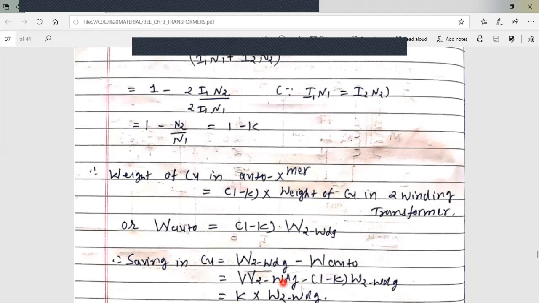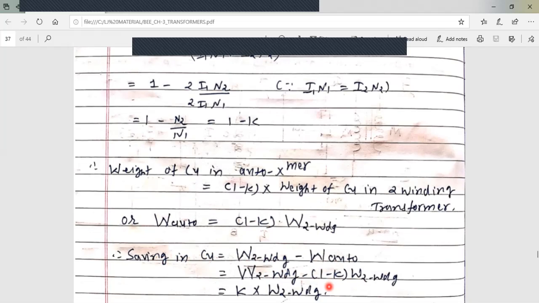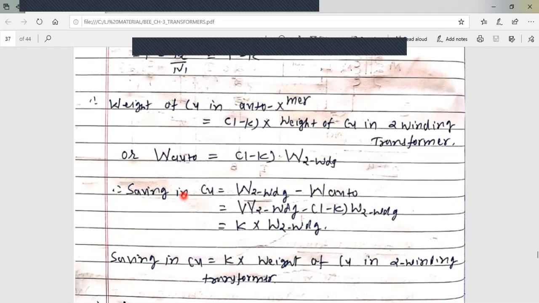So weight of copper two winding minus 1 minus K into W2 winding. So finally, copper saving in auto transformer equals K into W2 winding. So saving in copper equals K into weight of copper in two winding transformer.